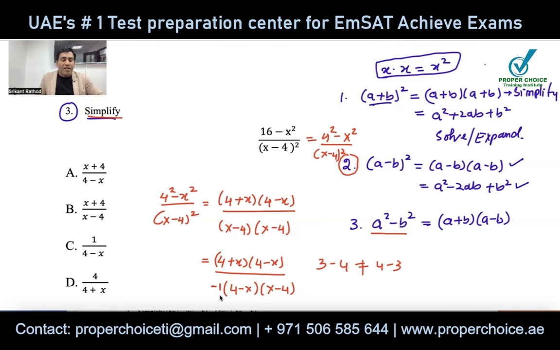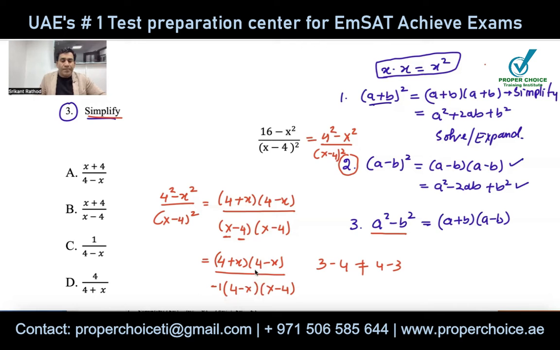So -1 times 4 is -4, and -1 times negative x is positive x. I'm just writing that term in another way so that I can cancel it with the term in the numerator. In the numerator, one of the terms is 4 minus x, and in the denominator also, one of the terms is 4 minus x.